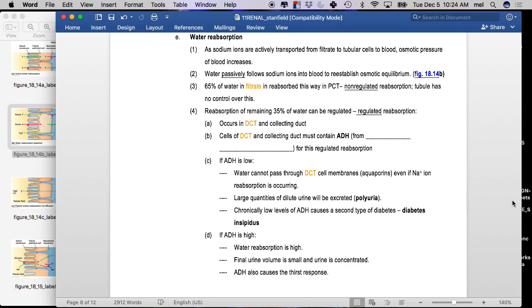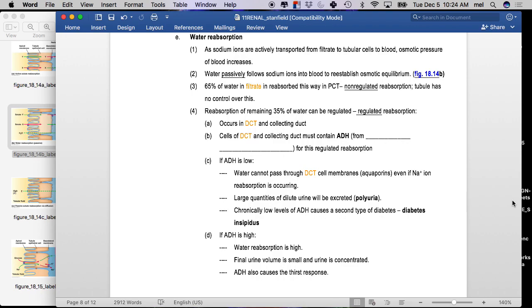If you drink a lot of water, it makes your blood relatively hypotonic, hypoosmotic, when it goes to your brain. Then your hypothalamus detects that and says, hey, got plenty of water, don't need to release ADH. And when it doesn't release ADH, what happens to that 35% of the water? You lose it. Does that make sense?